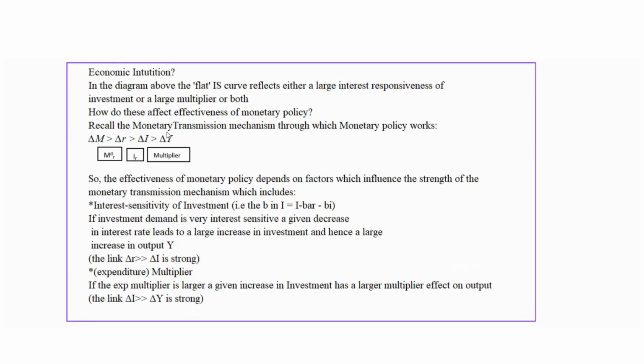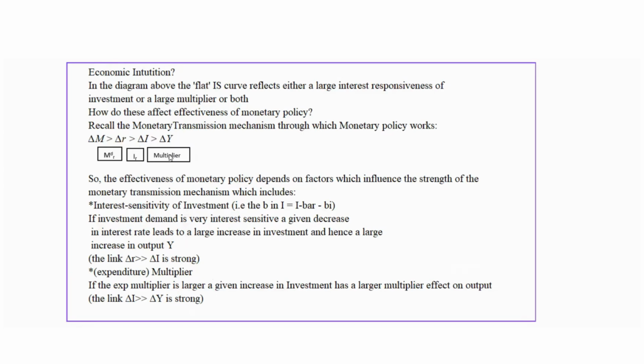So you have a more effective monetary policy, where the impact of a given change in money supply is going to be larger on output. So this link is strong between delta R and delta I in the monetary transmission mechanism. This is why interest sensitivity of investment influences the effectiveness of monetary policy, because it influences this link between R and I in the monetary transmission mechanism.